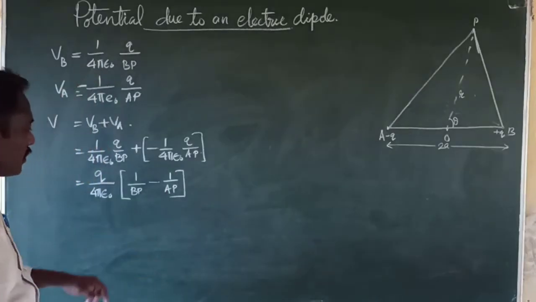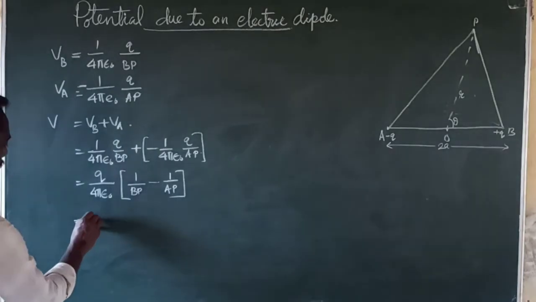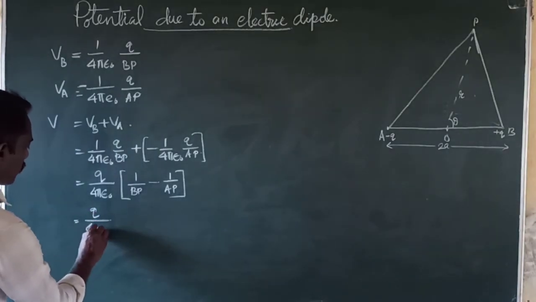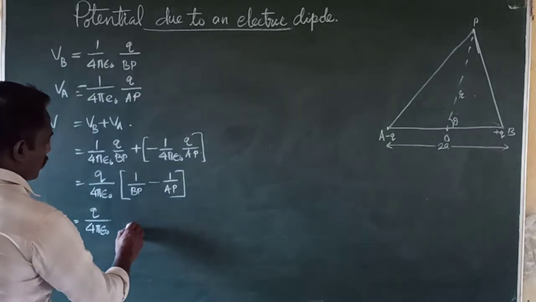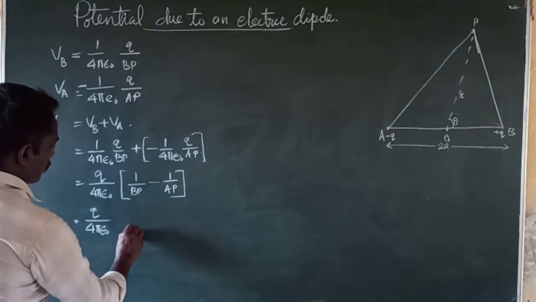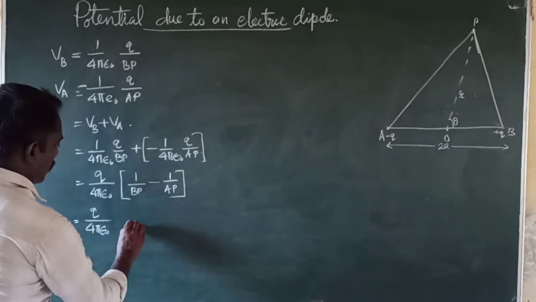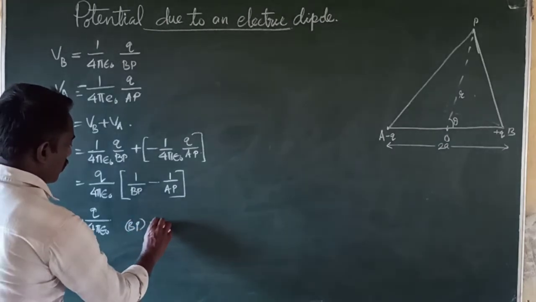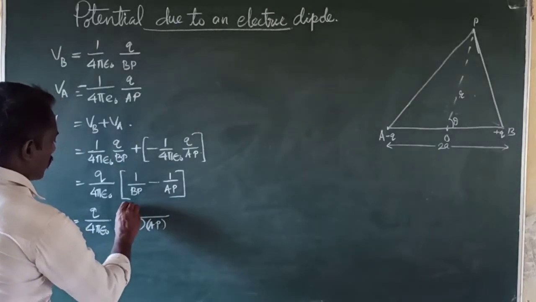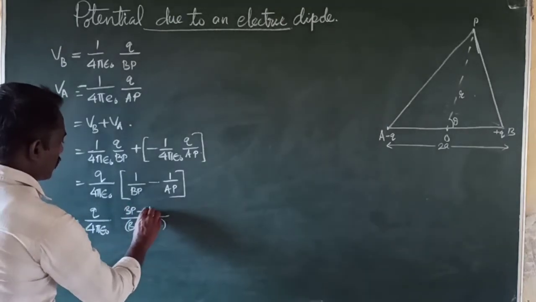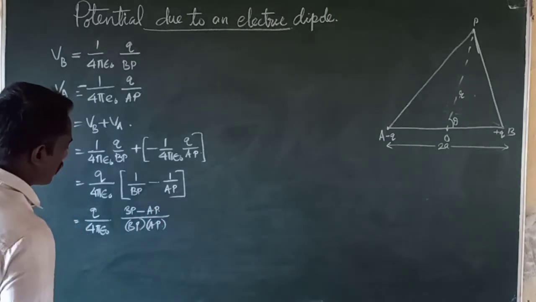This can be simplified as Q divided by 4 pi epsilon 0 into, taking the LCM, BP into AP, in the numerator BP minus AP.